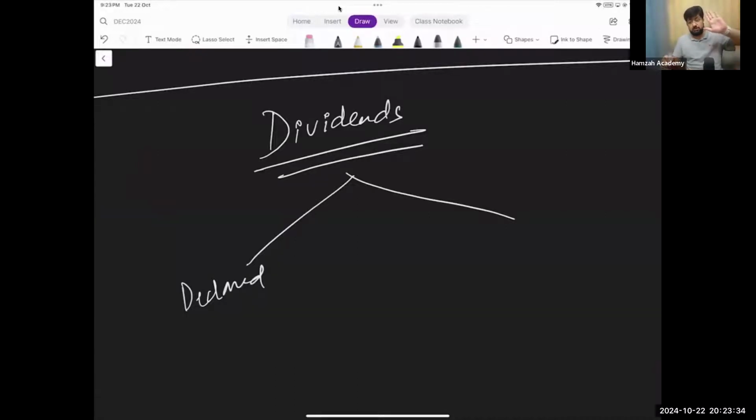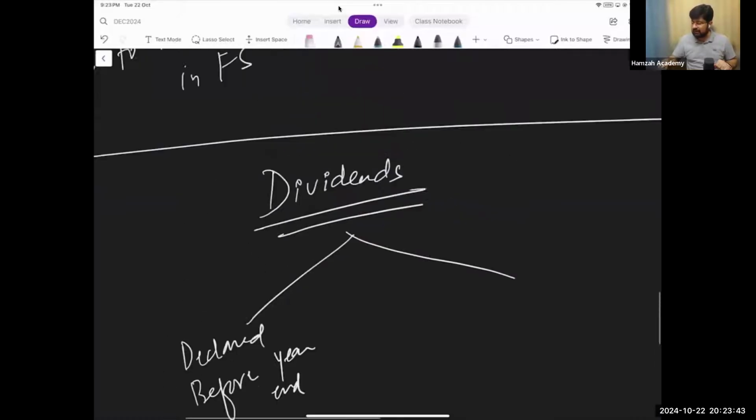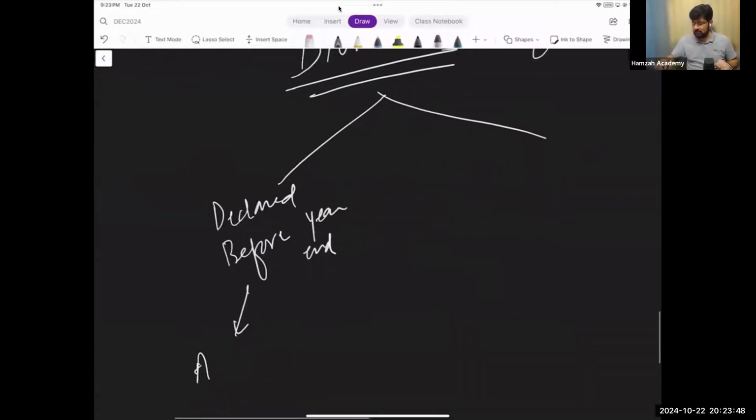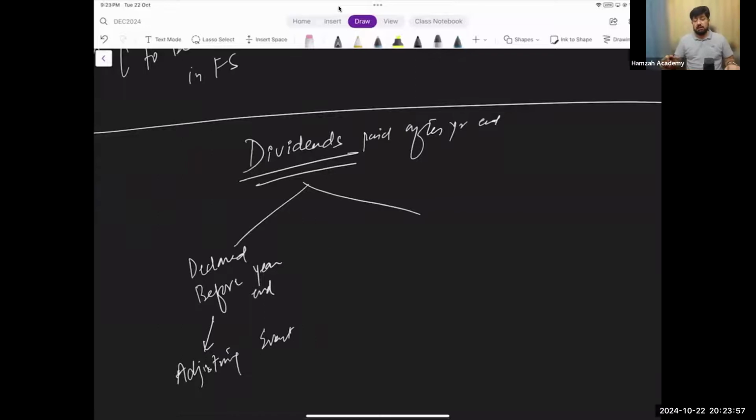Approved before year end, even if paid after year end. It is an adjusting event. A liability, dividend payable, is to be recorded at year end. If declared, meaning finally approved, after year end, half the process is done before year end and half after year end, still it is non-adjusting.